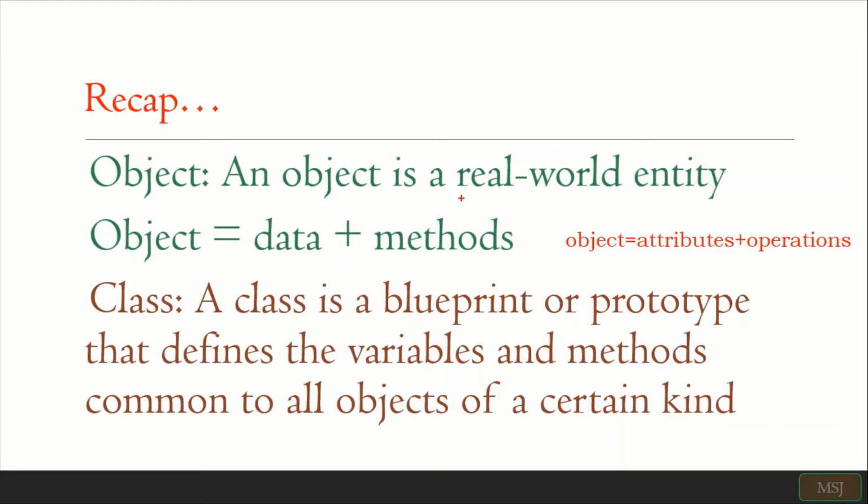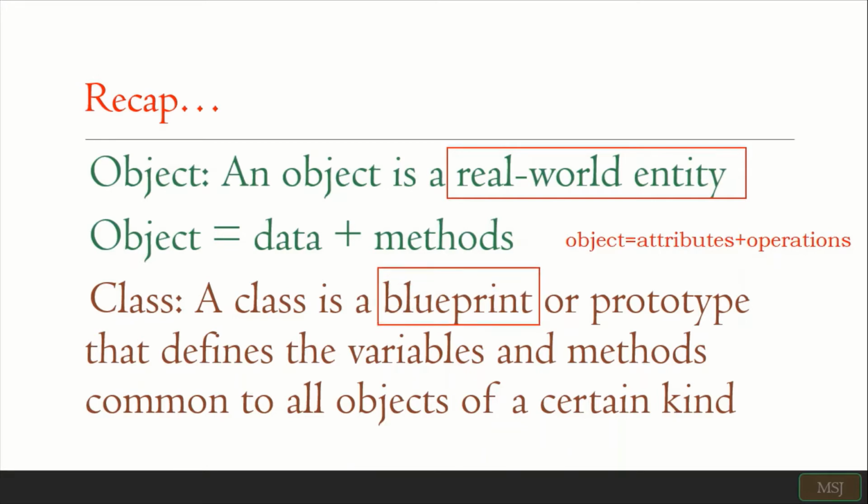Okay, this is what I told about the object. Object means it is a real world entity. Okay, now come to the definition of a class. What's a class? A class is a blueprint. We must remember this. A blueprint, or it can also be called a prototype, that defines the variables and methods common to all objects of a certain kind. Here we are using these two words, right? Variables and methods.